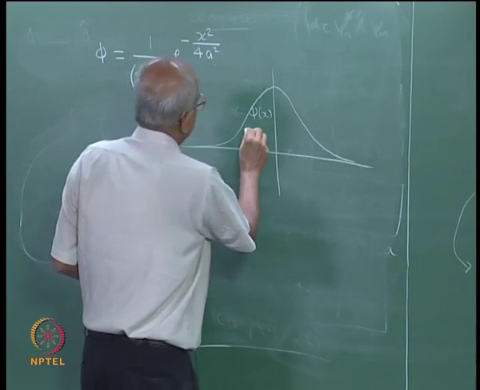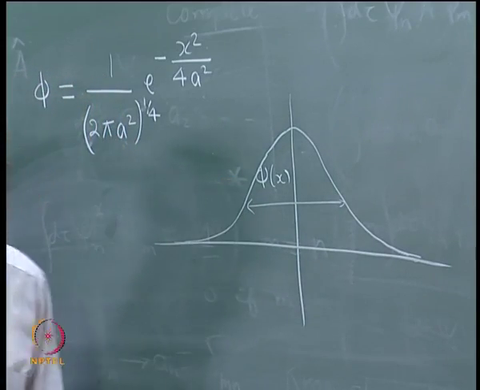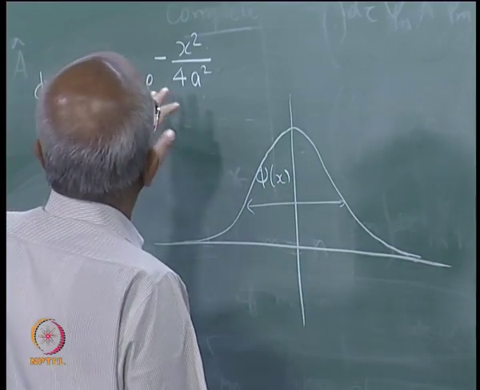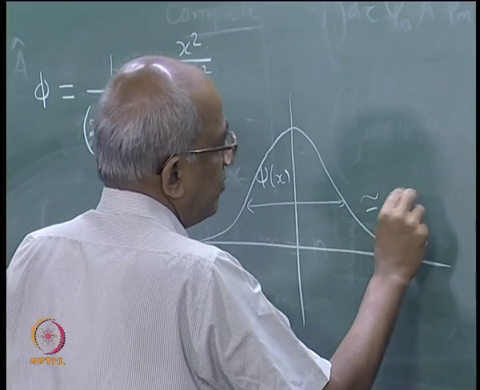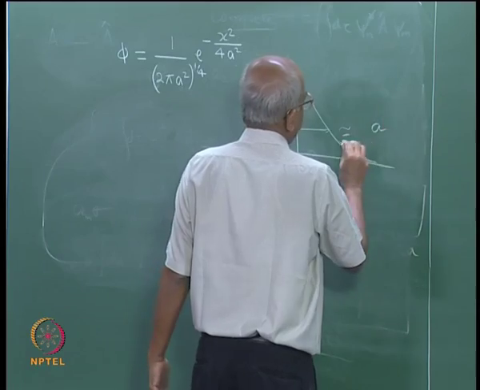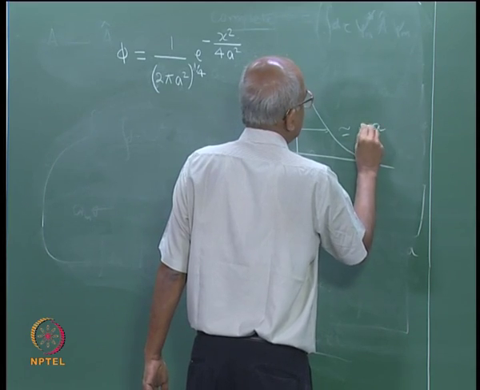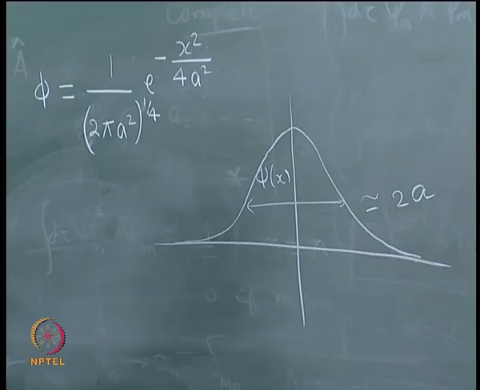Now, the width of this function, this is actually what is referred to as a Gaussian. The width of this actually is roughly, I would say, proportional to a. Roughly speaking, it is 2 times a, the width of the function.